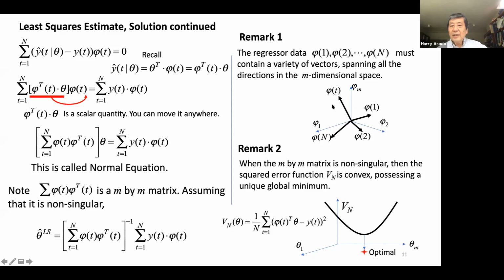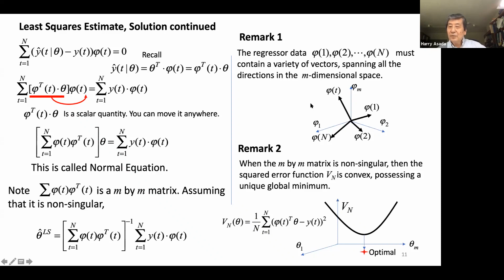So if you collect the data, phi 1 to phi n, in a very nice way, so that you basically span this whole m-dimensional space in all directions, this matrix becomes non-singular.